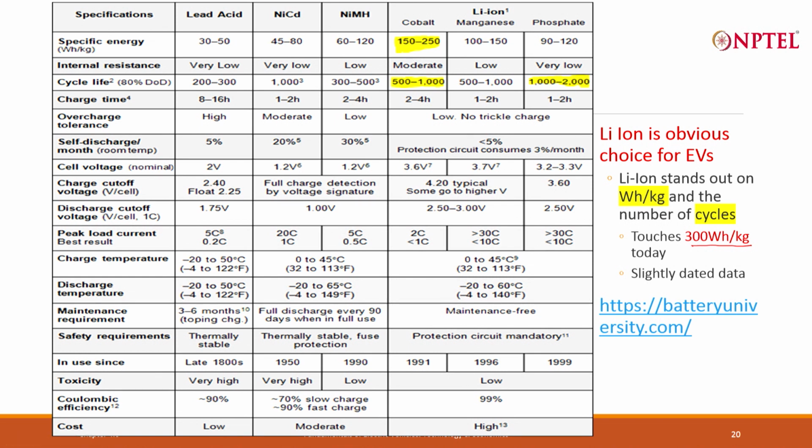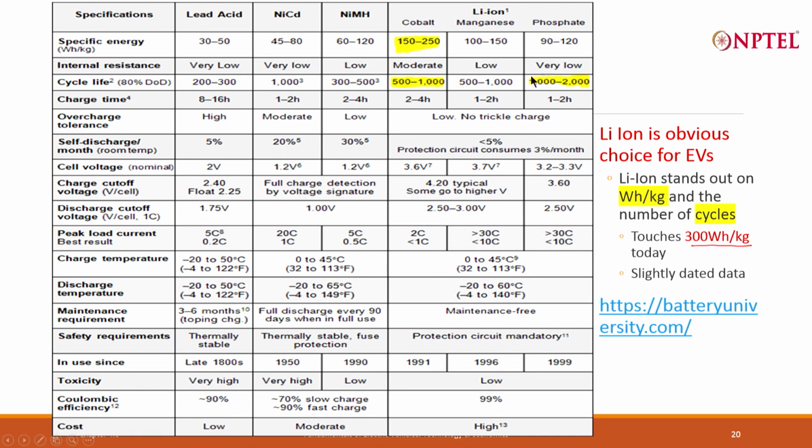And that is the reason we used to have $1,000 per kilowatt hour, and it has gone down to almost $100 per kilowatt hour. This has happened primarily because the most important parameter is specific energy, also called gravimetric energy, and it is this which will drive the future batteries also. We will come to that.